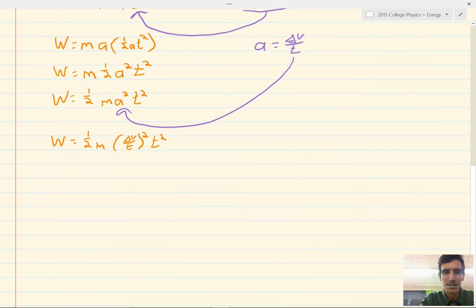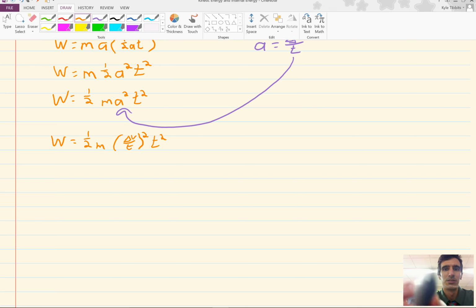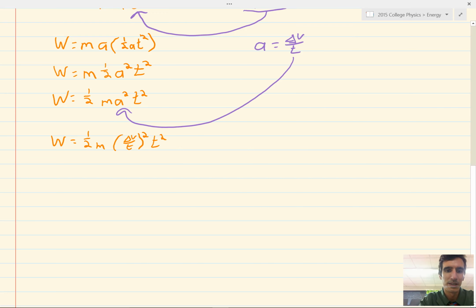So if we expand this squared above delta v over t, we're left with delta v squared over t squared, and our t's cancel out. So we're left with work is equal to 1/2 m change in v squared.